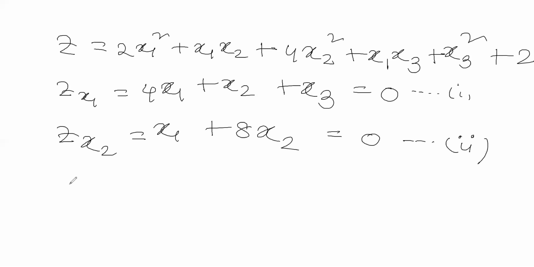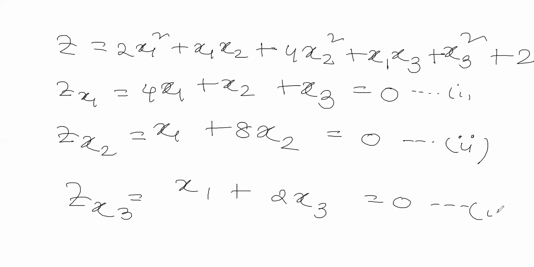And then finally, if I differentiate it with respect to x3, then I get zx3 is equal to x1 plus 2x3. Then I set it equal to 0. So these are the three equations.